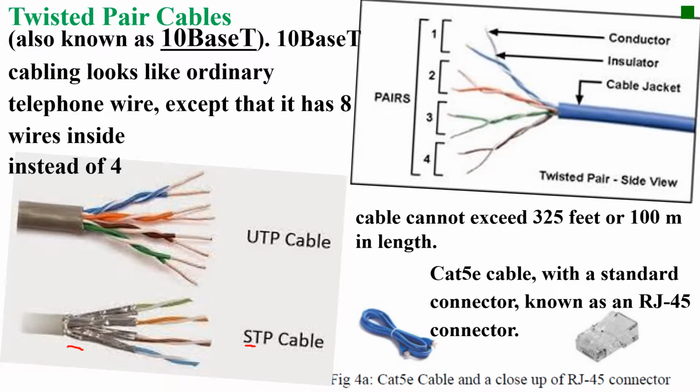The shield is a jacket of aluminum or copper, which is connected to the earthing of the building. Its job is to protect the signals carried in the cores of these cables from interference by electromagnetic waves or other cables in the media.